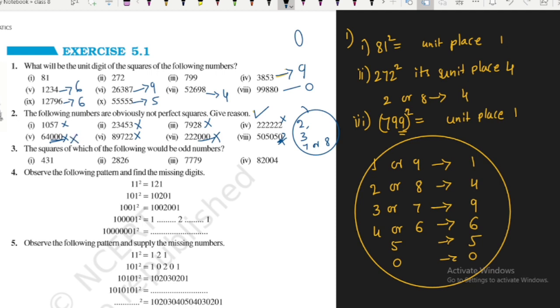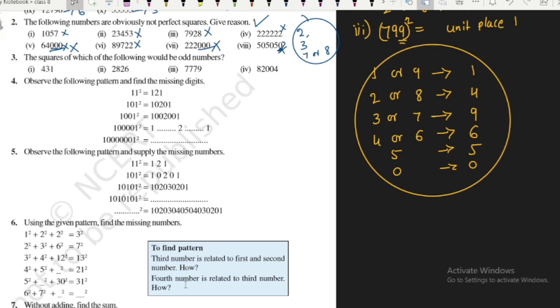Next question: the squares of which of the following would be odd numbers. Question number 3, you can see, squares of which of the following would be odd numbers. You know that the square of an even number is an even number, and the square of an odd number is an odd number.